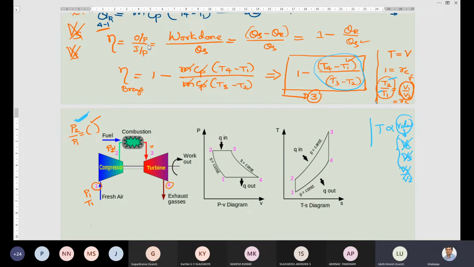Instead of these three, we know the pressure ratio, that is P2 by P1, or P3 by P4. During the 1 to 2 process, we know the pressure ratio P2 by P1, and during the 3 to 4 process, that is the expansion process, we know the pressure ratio P3 by P4.